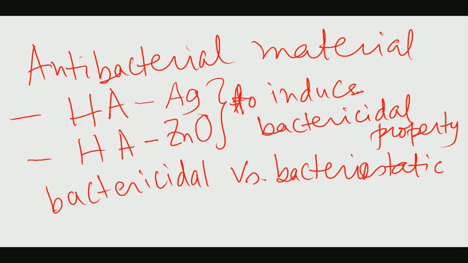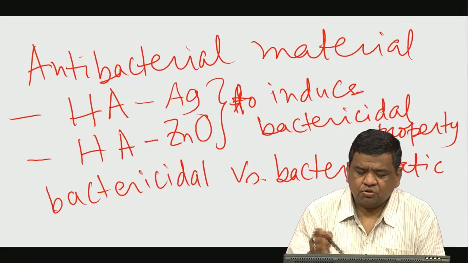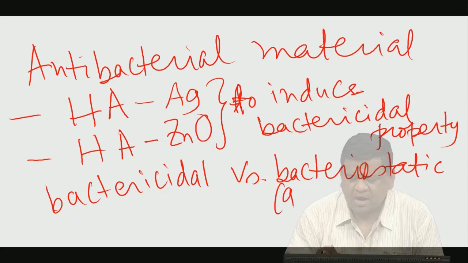That means, if you want to grow the bacteria on these particular materials, those bacteria may not be killed, but at the same time those bacteria may not undergo the binary fission process. So, that 1 to 2, 2 to 4, like that, their growth would be inhibited. So, in other words, let me summarize this.